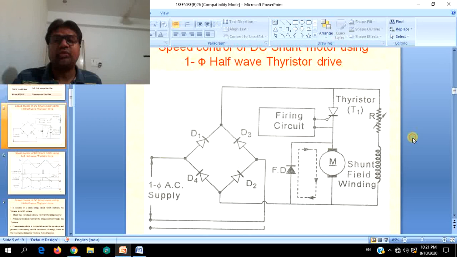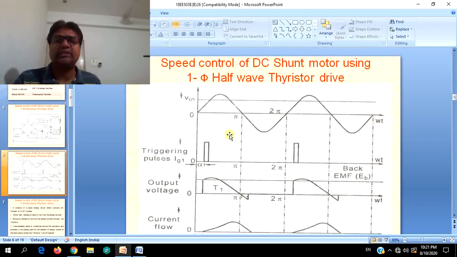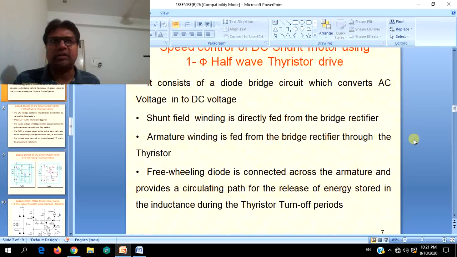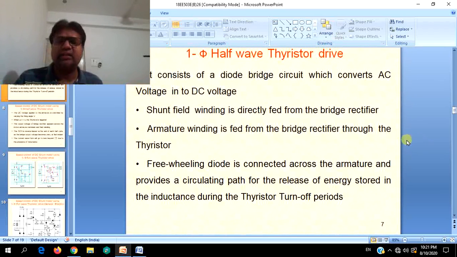At zero crossings, the voltage becomes zero, and the SCR will be automatically reverse biased when the current becomes less than the holding current. It gets turned off automatically, just like any other natural commutation, phase commutation or line commutation method.